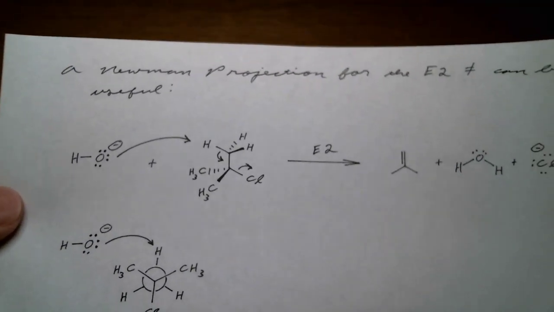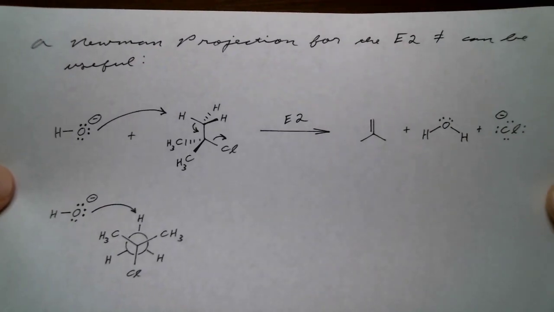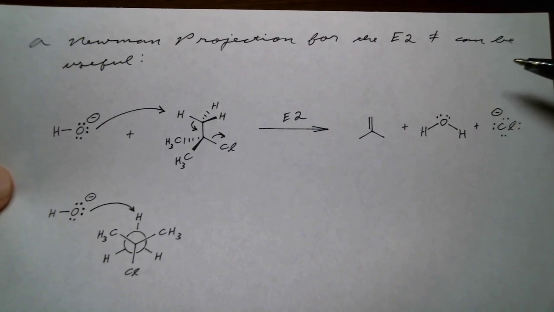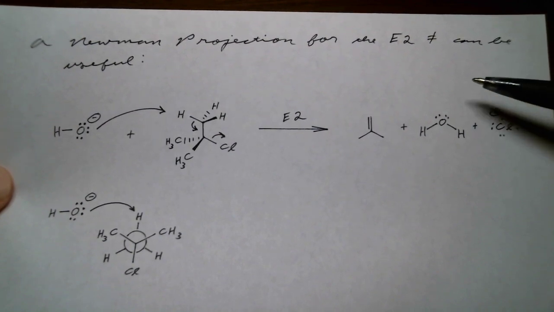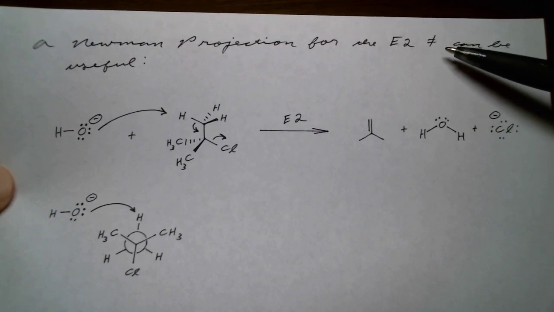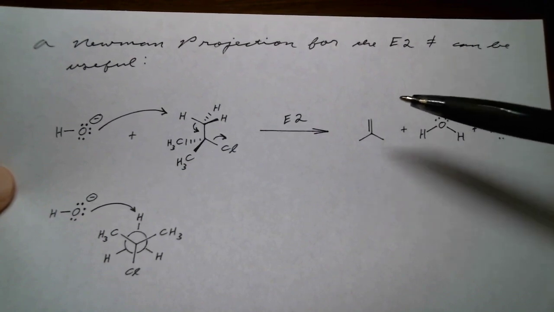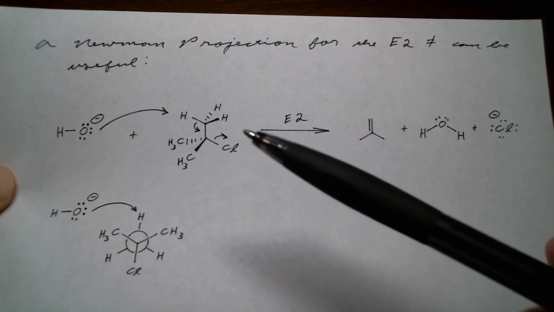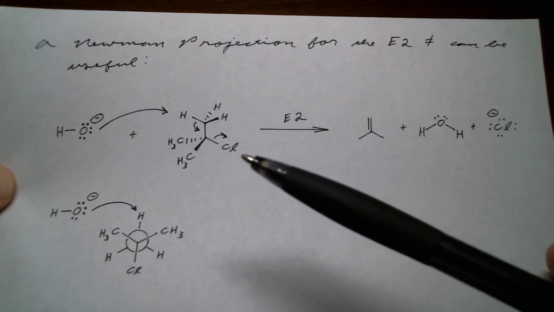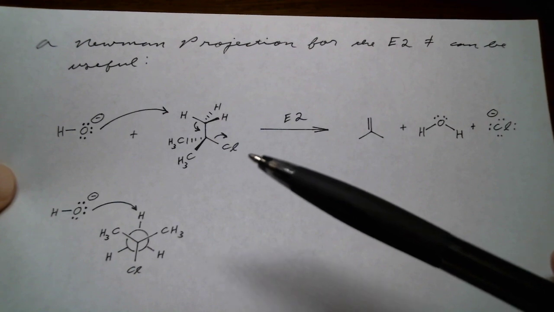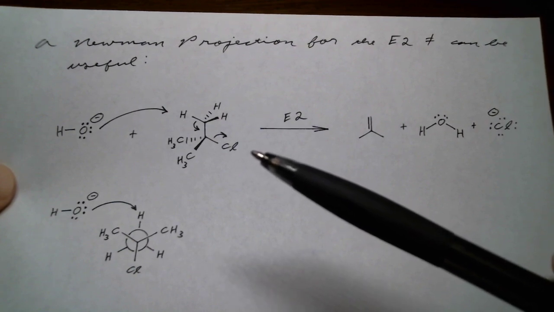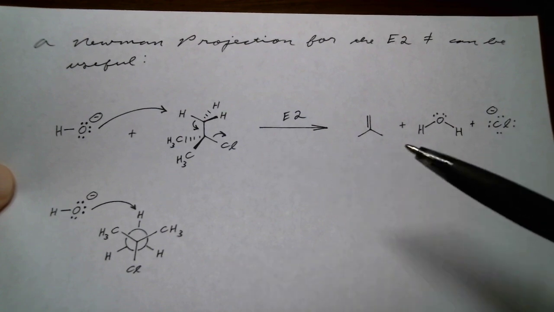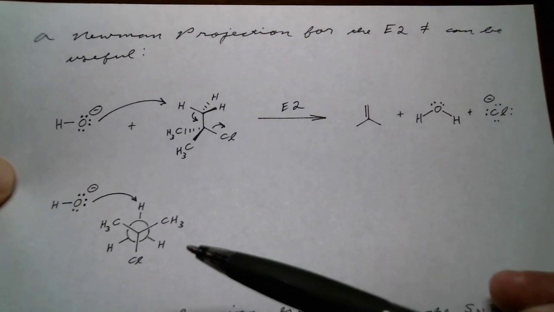A Newman projection for the E2 reaction mechanism can be useful for its transition state. That's what this little double cross means. So here we have hydroxide. Here we're plucking off that anti-periplanar hydrogen on the beta carbon and kicking out the chloride as a leaving group to form our alkene, water and chloride.